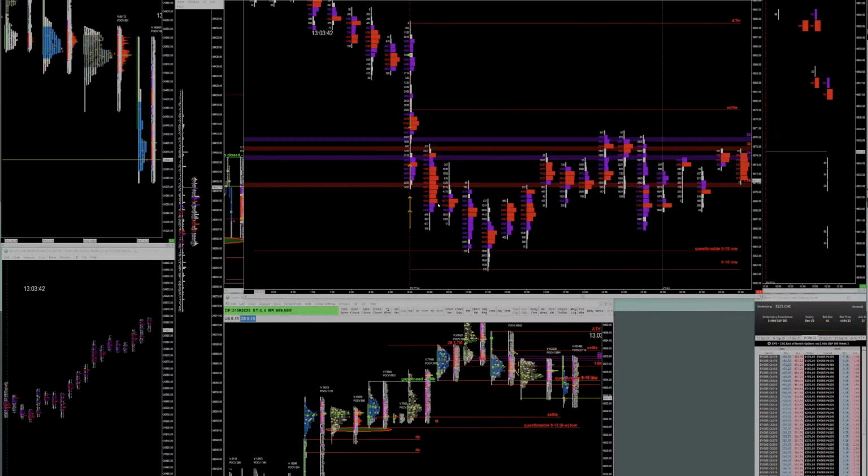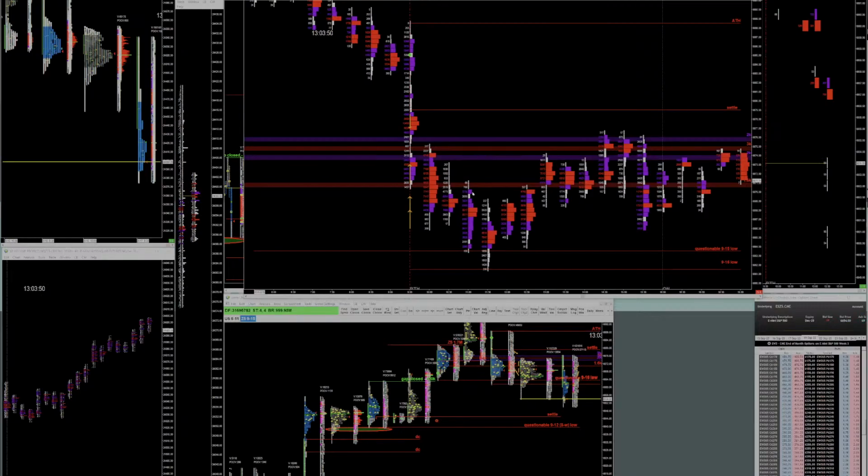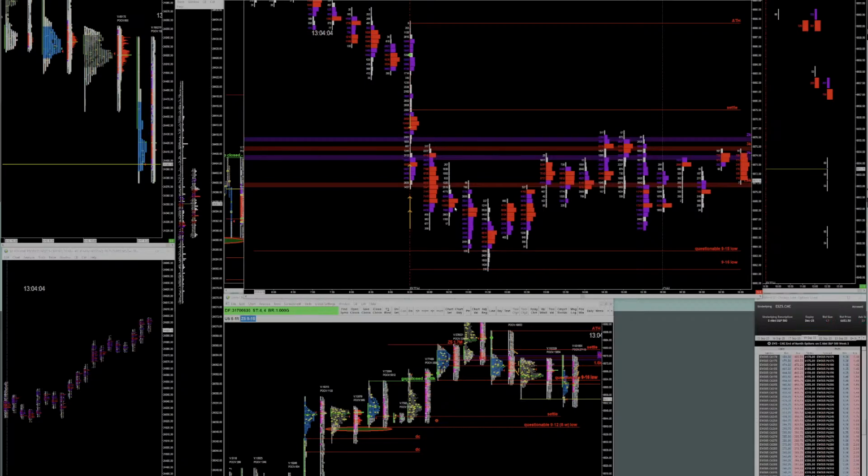As the day develops, the further it goes into the session, it starts to have this shape, and it is noticeable that there is no downside extension here, right? And the market just closes with significant volume around the same area here.